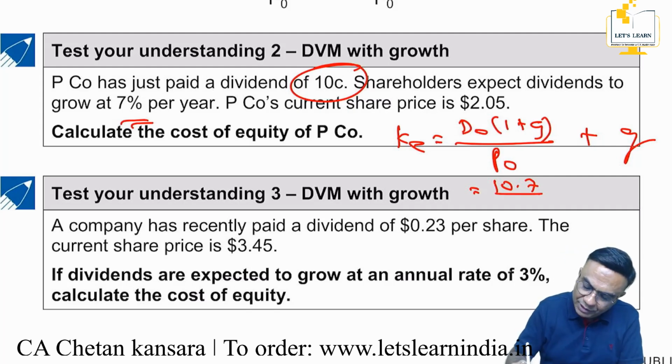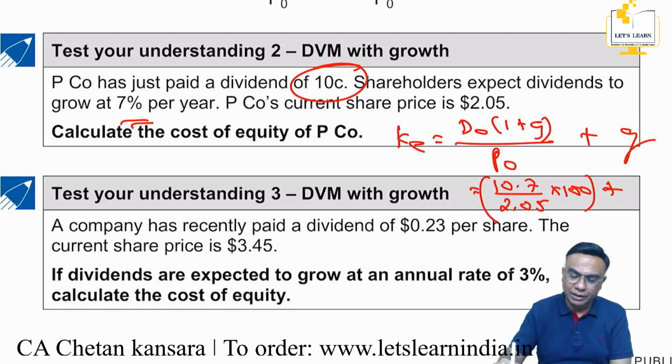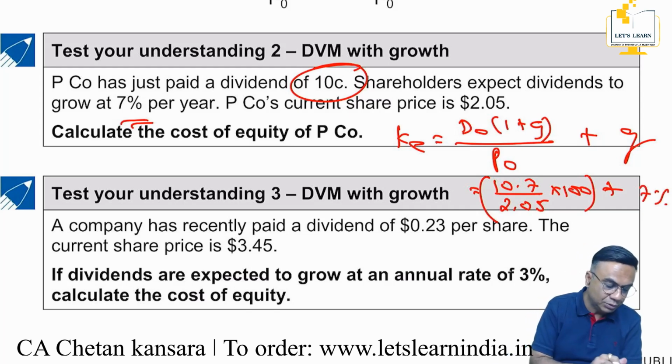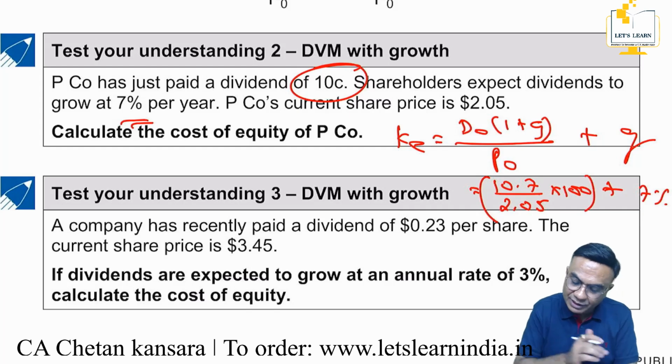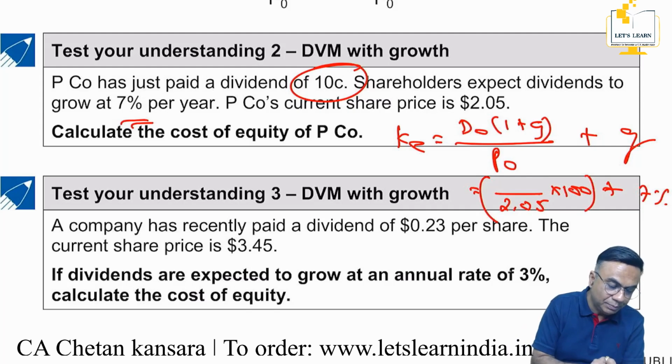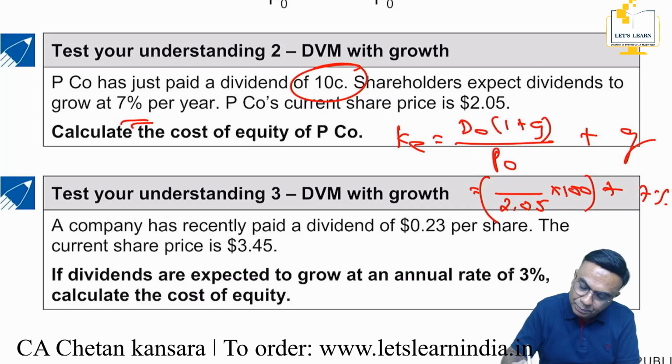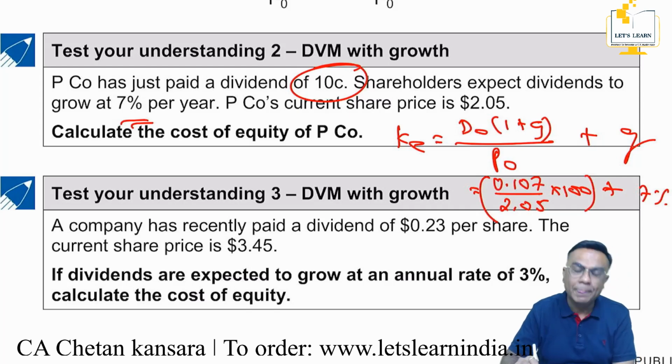Upon P0, what is the share price? $2.05, plus the growth rate. And what is the growth rate? Growth rate is 7%. So let us solve this part. So that comes to 10.7 divided by 2.05. I am so sorry, it is 10 cents.